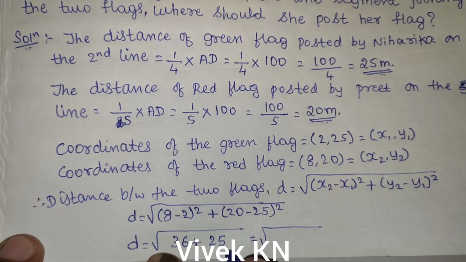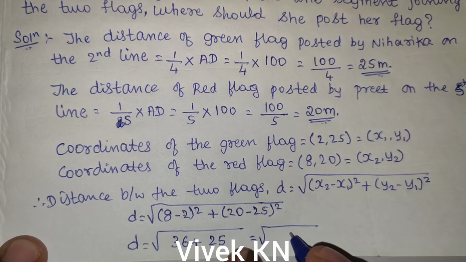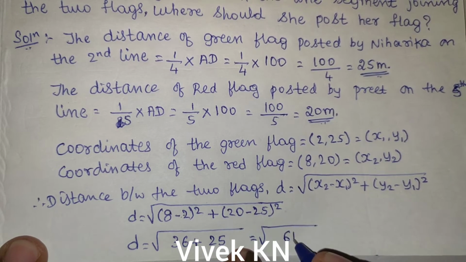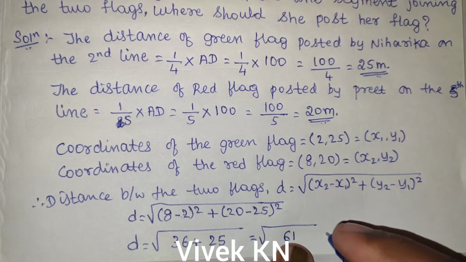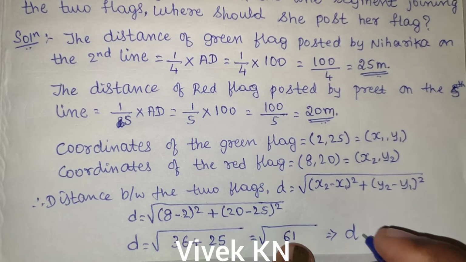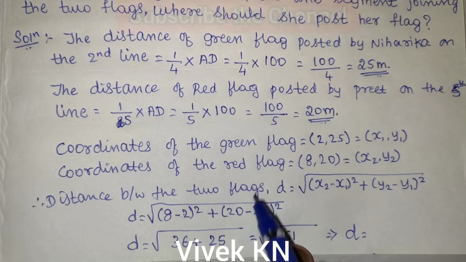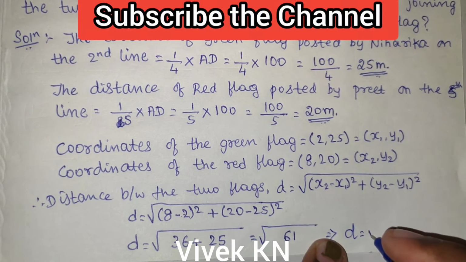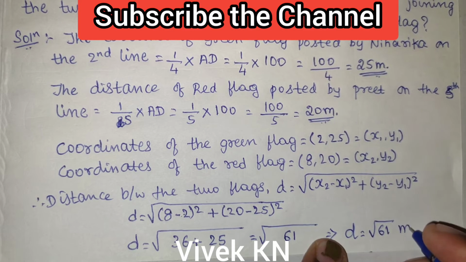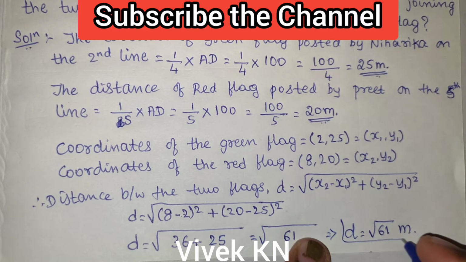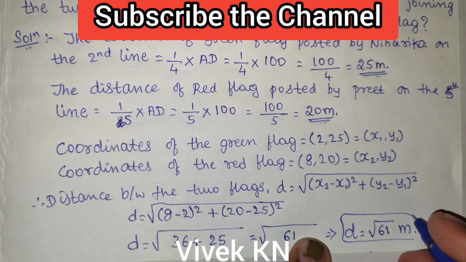Adding 36 and 25 we get 61. That is the distance between the two flags is given by root 61 meter. This is the first part of the answer.